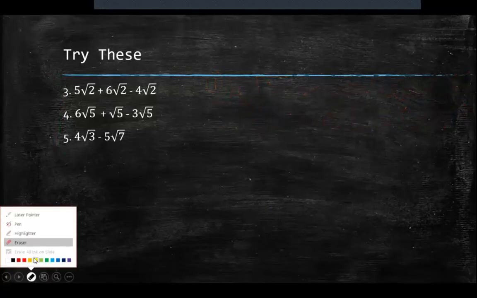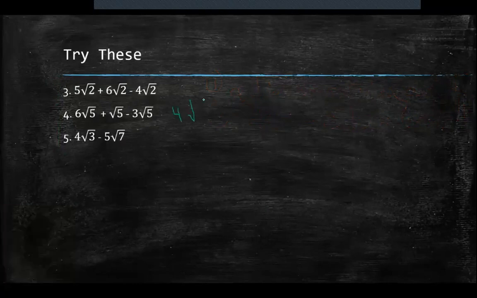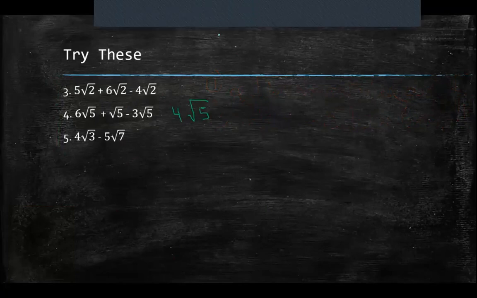Right. Let me see the thing. It was 4 root 5. Okay. So everybody good with addition and subtraction of surds, right? Because we finished with that.